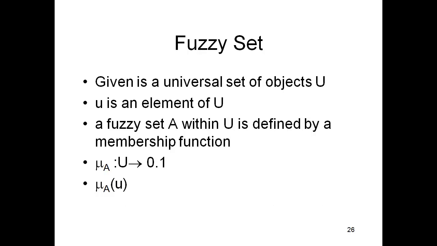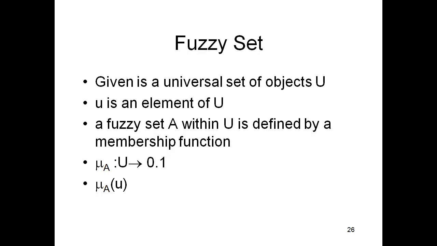Now, this is just a formal definition of what I just explained. We have a set of objects, maybe hotels or documents. One hotel is a member of the set of hotels, and then we have a fuzzy set within all hotels, for example the fuzzy set of cheap hotels. That is defined as a membership function that gives a value to each of the members.